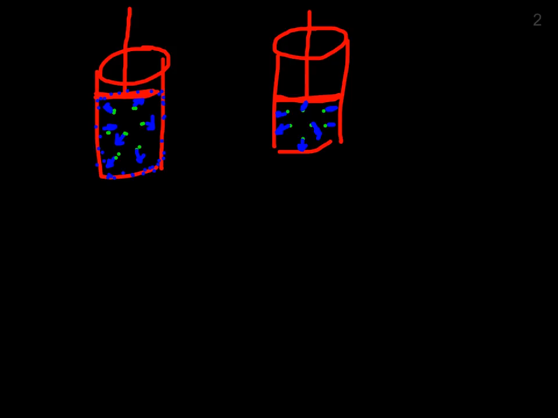So if pressure 1 here, for example, was equal to 1 atmosphere, pressure 2 here would be equal to, and I'm making this up, maybe 1.5 atmospheres. Because I squished down the volume, these guys are going to hit the sides of the container more frequently and exert a higher pressure.